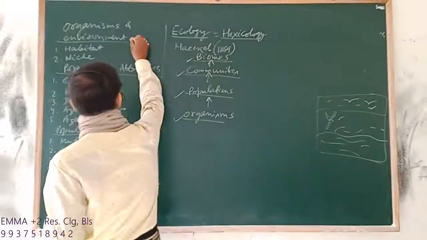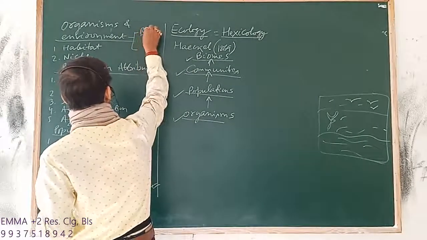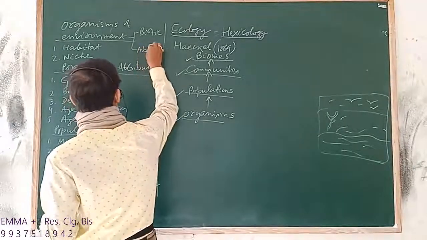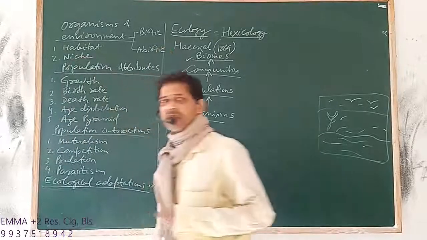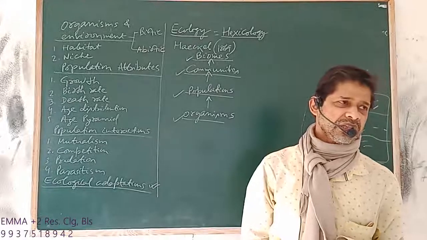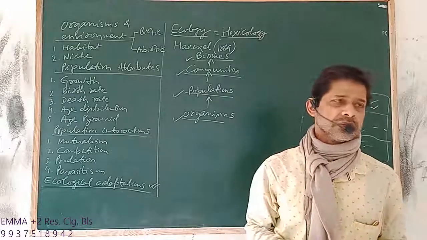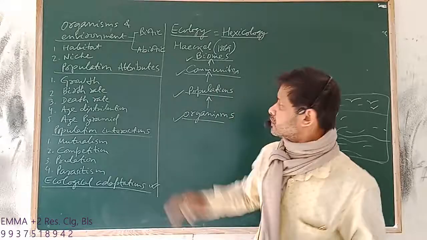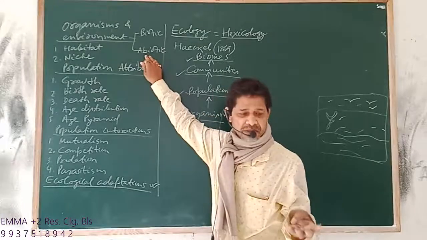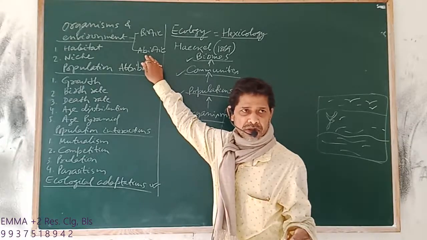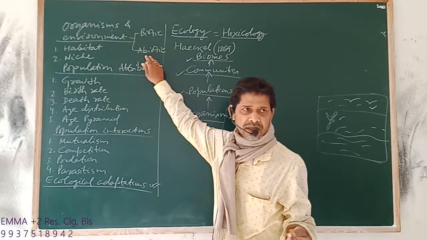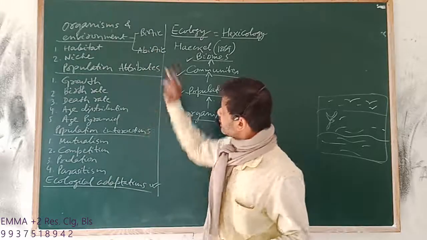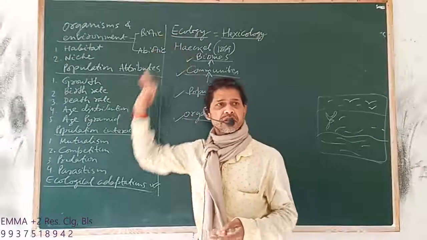So environment includes two things: biotic or living components, and abiotic or non-living components. In an ecosystem, abiotic components are there, biotic components are there. So abiotic components like temperature, water, air, soil, edaphic conditions, all these influence the living organisms.